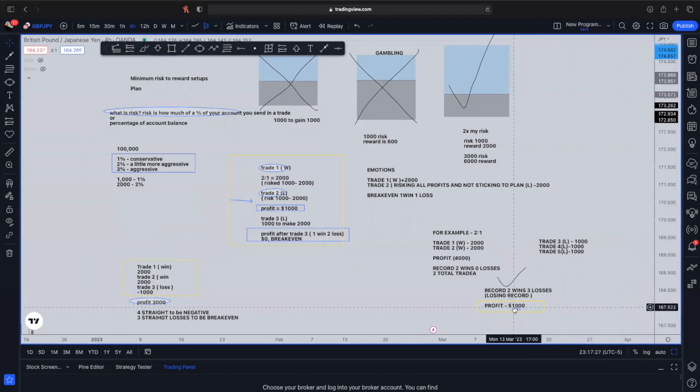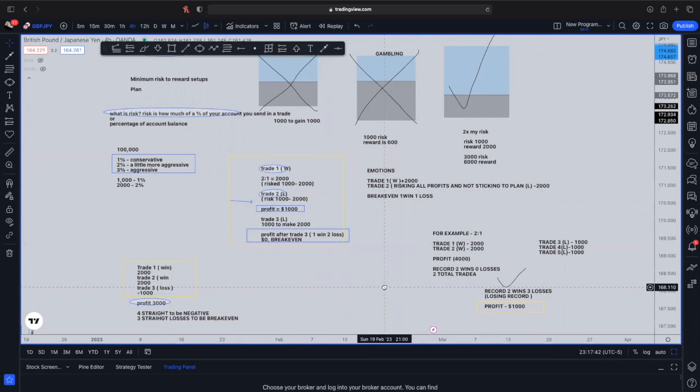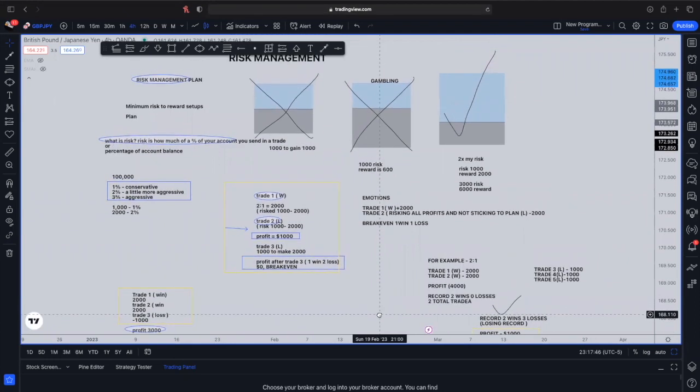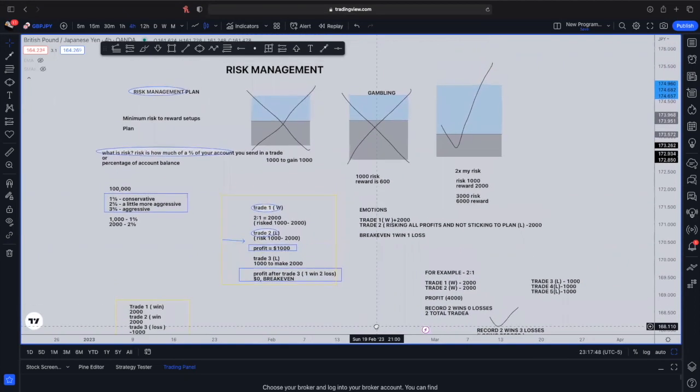Okay? 2 wins, 1 loss, break even. Another losing record. So even if we lose throughout the week, we're still break even or profitable, and that is the goal, right? What we don't want to do is risk all of our profits the second we make it, because that's how we lose and that's how we're not profitable.